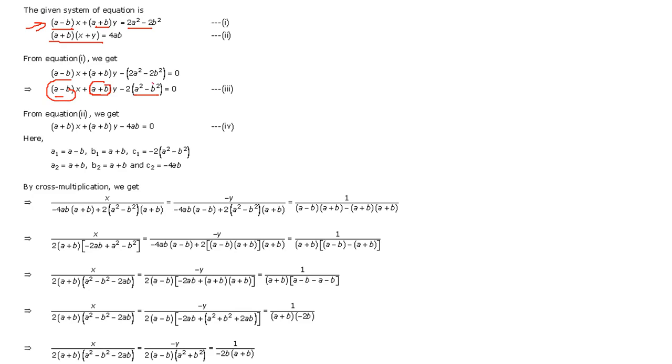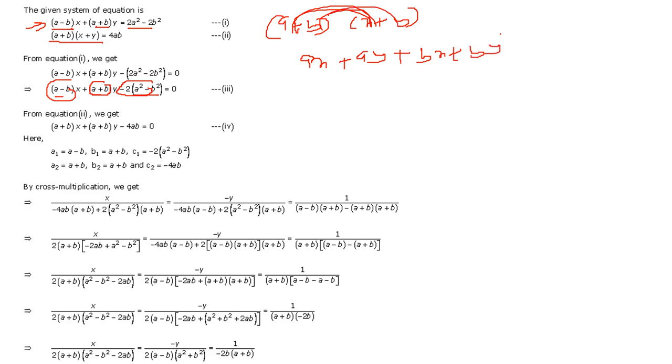In this case, let us multiply it first. So you get a plus b into x plus y. So ax plus ay plus bx plus by equal to 4ab. So take x terms together. If I take x common, a plus b.